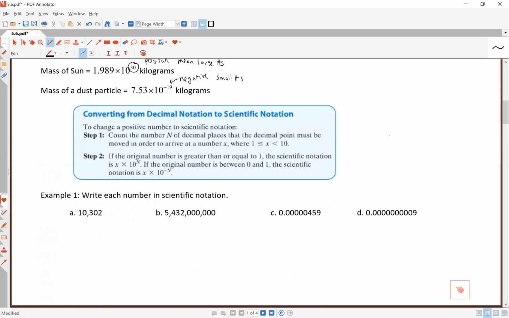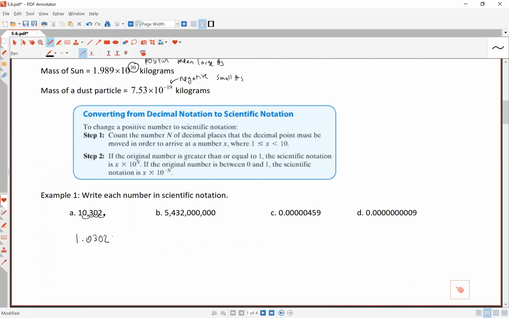If we're going to write a number in scientific notation like 10,302, I need to make sure that my first number is in between 1 and 10, including 1. And so I think about where the decimal is, and I can move that decimal until I get it to be a number between 1 and 10, and that goes in between the 1 and the 0.